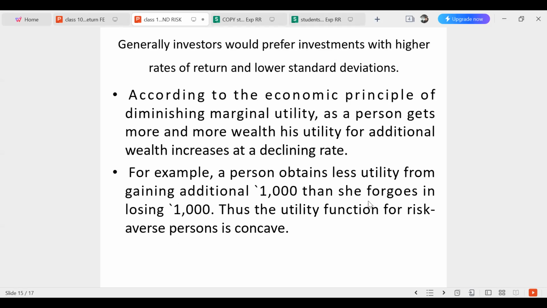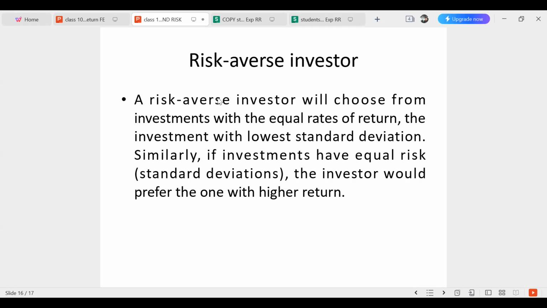So coming to this, according to here, a risk averse investor is one who will choose, among investments with an equal rate of return, the investment with the lowest standard deviation. Lowest standard deviation means, remember, less risk, less variation. So he will always prefer the investment where, whatever the return may be, the risk is low. He is a risk averse investor.